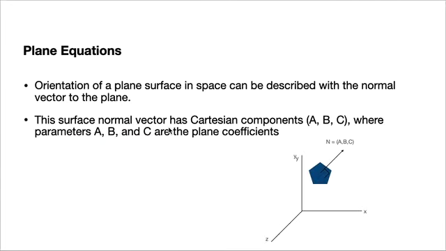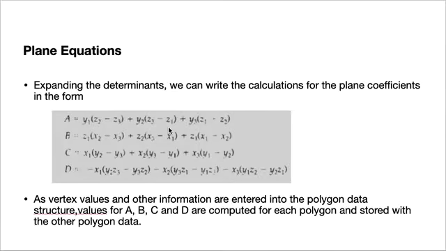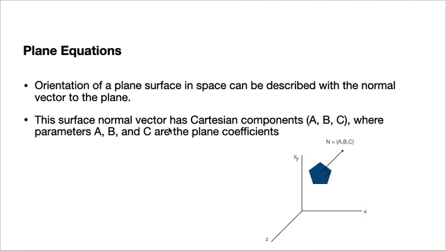Okay, so that is simply the plane equation, and also the orientation of a plane surface in space can be described with a normal vector.